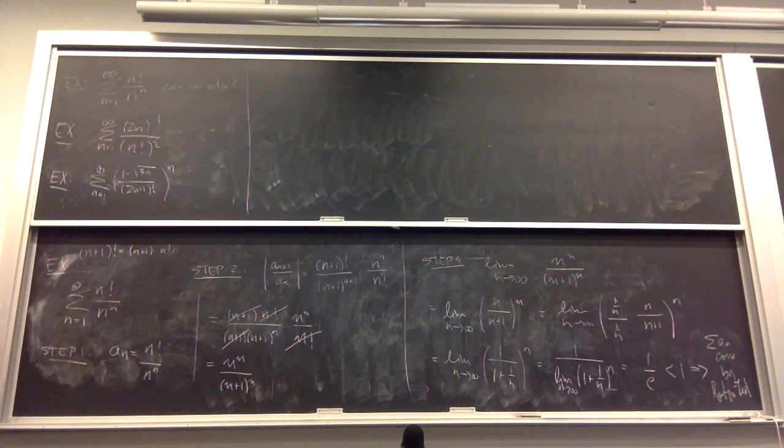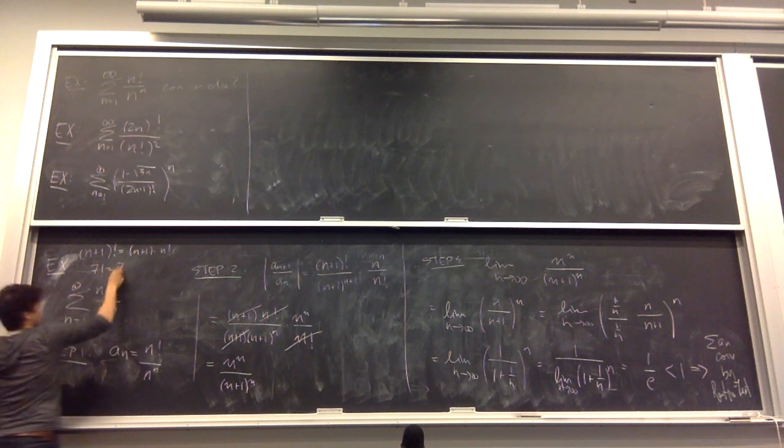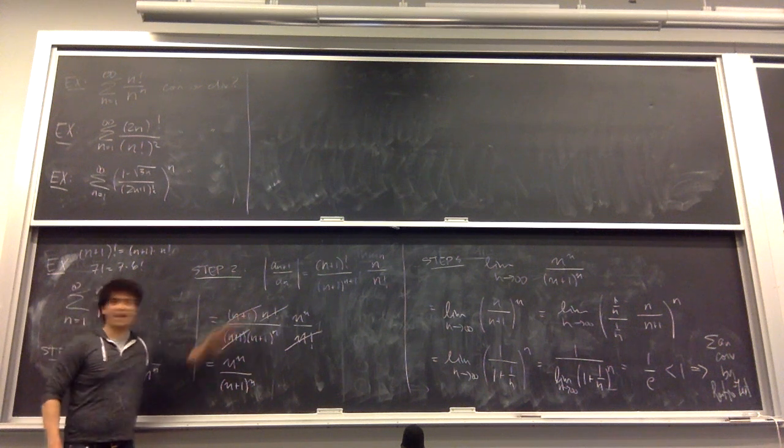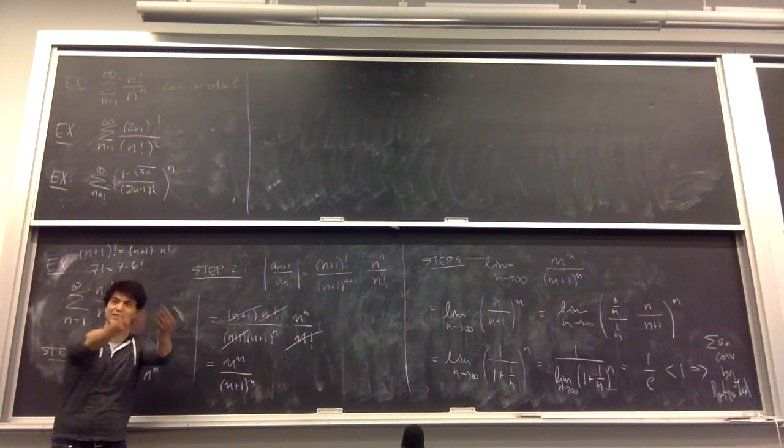Like 7 factorial is 7 times 6 factorial. That's how it's defined. But then you said n minus 1? Well, n plus 1 minus 1 is n. So I could write n factorial as n times n minus 1 factorial.